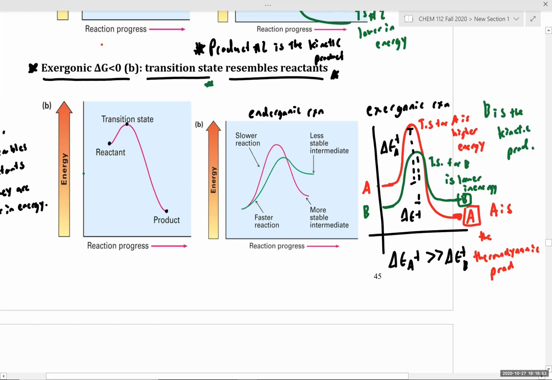Since reactant A is higher in energy, the transition state for pathway A would be higher in energy. So the activation energy for pathway A would be higher. That in turn means that if we think about our product selectivity, we know that product B is preferentially formed.